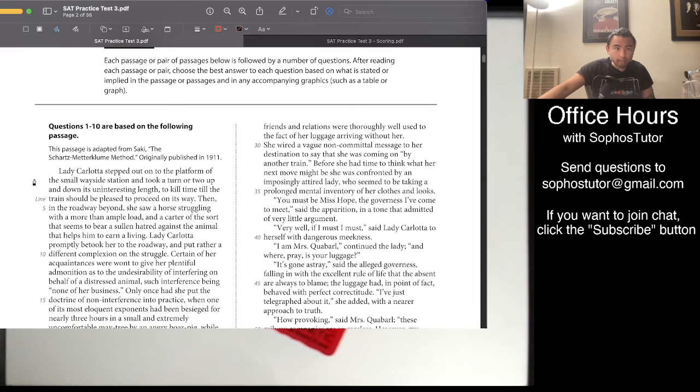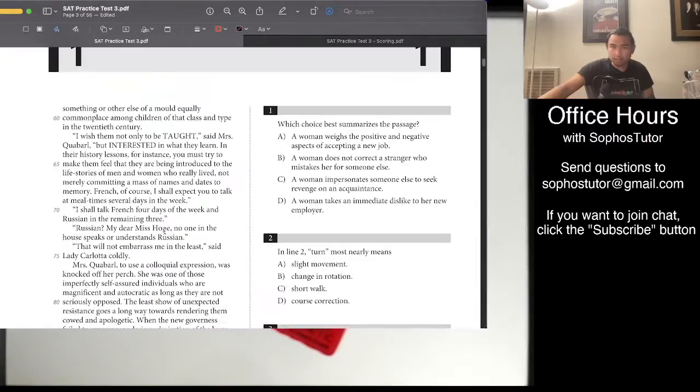And I am going to write the number 2 next to where the line reference is. What this tells me is as I read this passage, once I pass this number 2, as soon as I'm done finishing the sentence, I will attempt that question at that moment. Okay. So that is the first annotation.